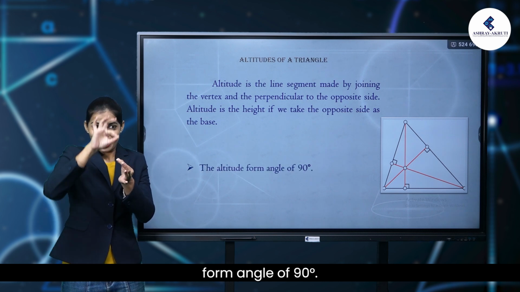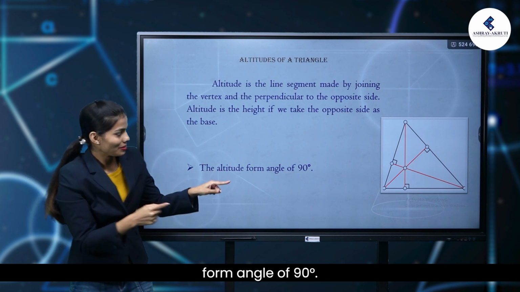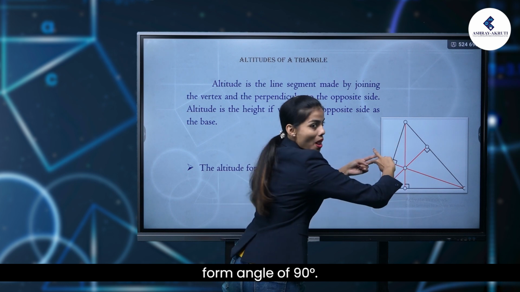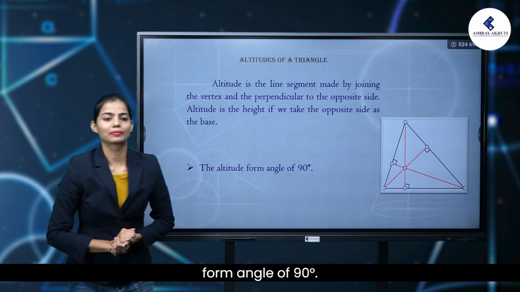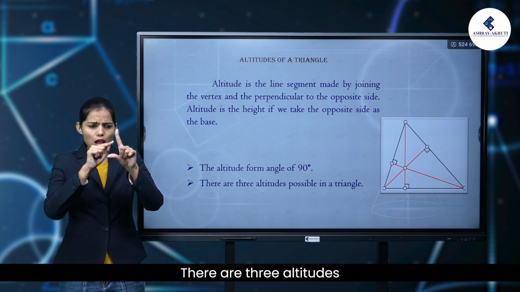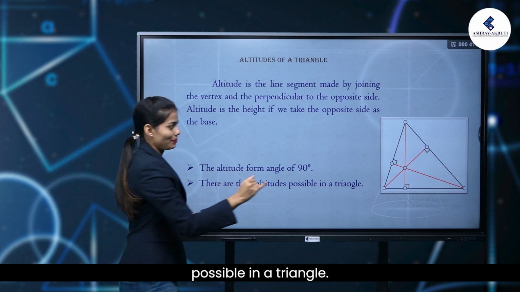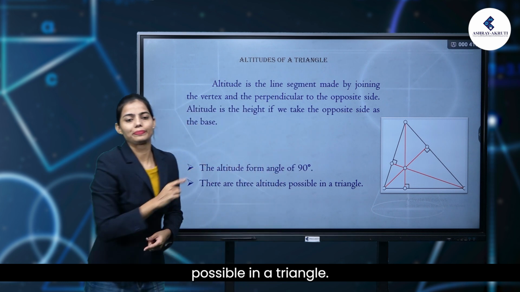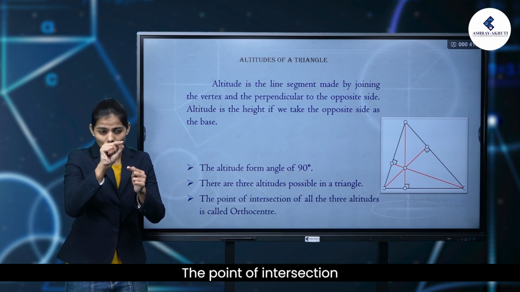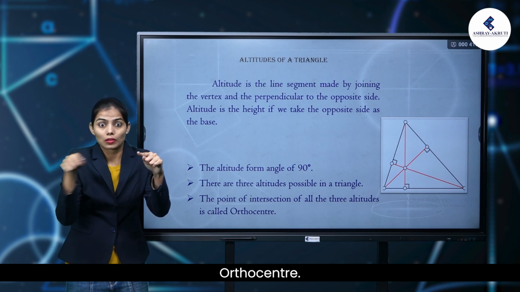The altitude forms an angle of 90 degrees. There are three altitudes possible in a triangle. The point of intersection of all the three altitudes is called the orthocenter.